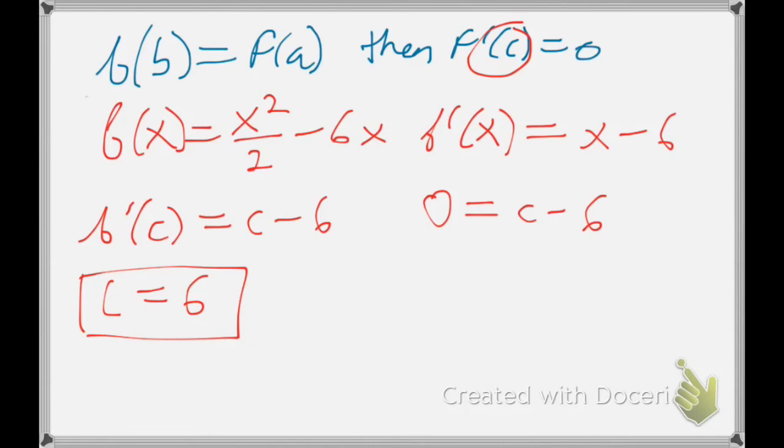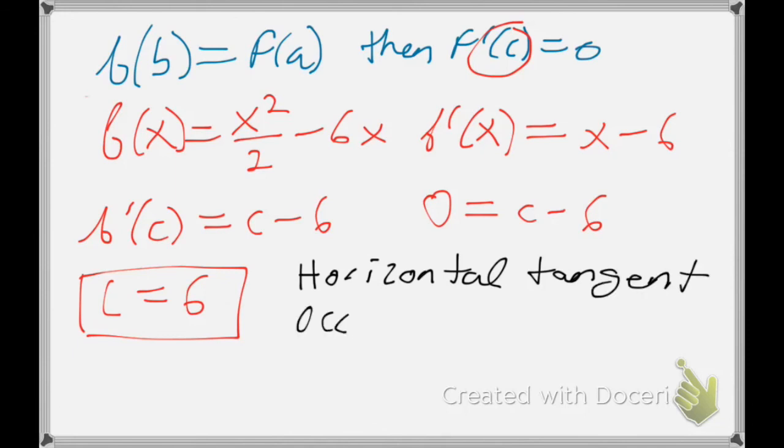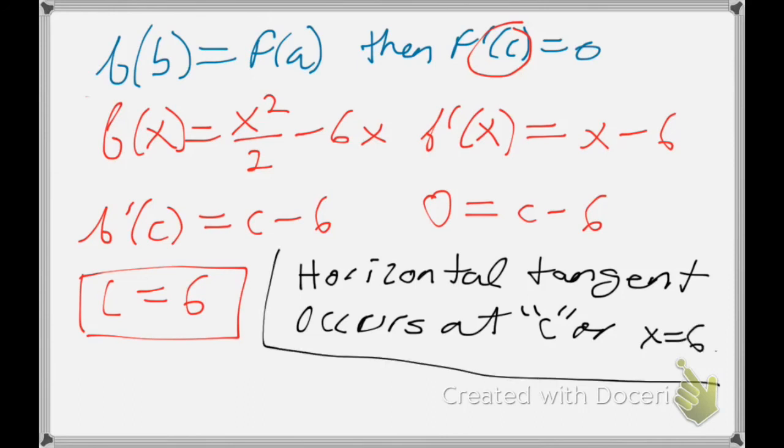We know, and here we can answer in words, that the horizontal tangent occurs at c, or x, when it is equal to 6. And it is within our interval from 0 to 12, so we know we have the right answer. This is basically saying that when c or x is equal to 6, the slope of the line will be exactly 0 according to Rolle's theorem.